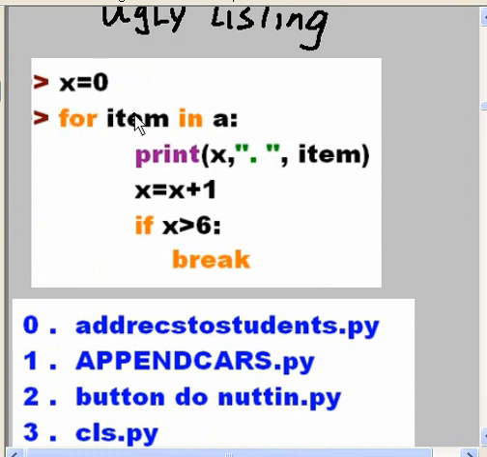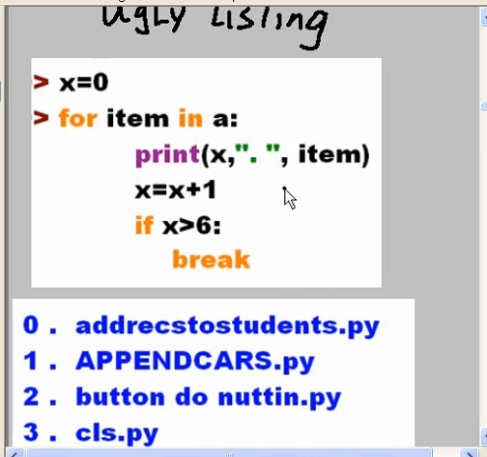Let's make it look nice. X equals 0. For item in A, print X, which is now 0, a comma, and then the item. Then increment X. X is now 1. If X is greater than 6, break out.